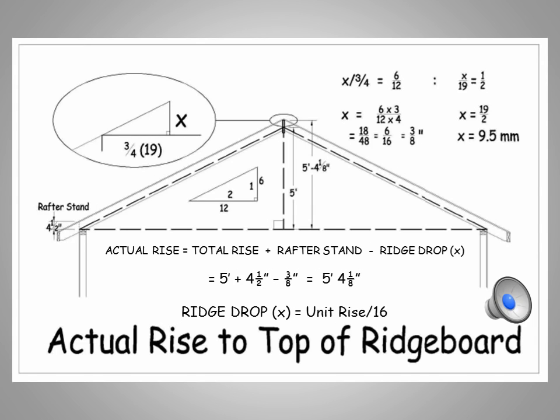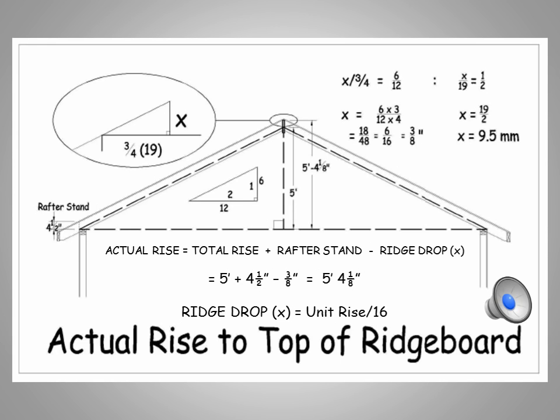Now when we go to set our ridge board, the actual rise to the top of the ridge board will be the total rise plus the rafter stand, minus the ridge drop. That would be 5 feet plus 4.5 inches minus 3/8 inch, and that will give us 5 foot 4 1/8.